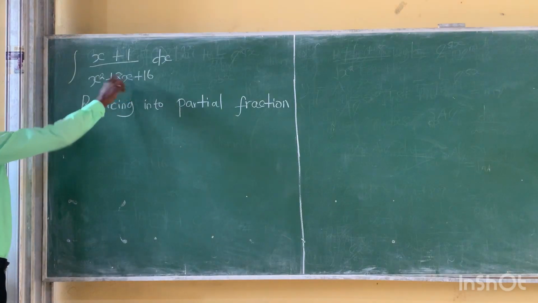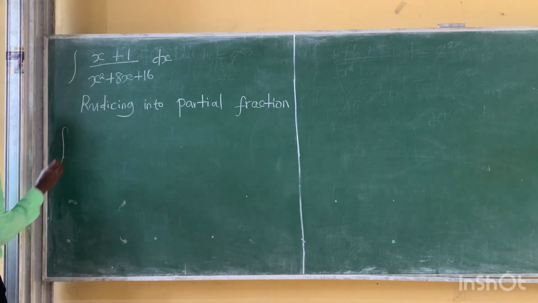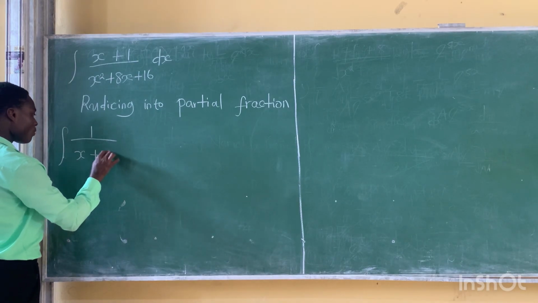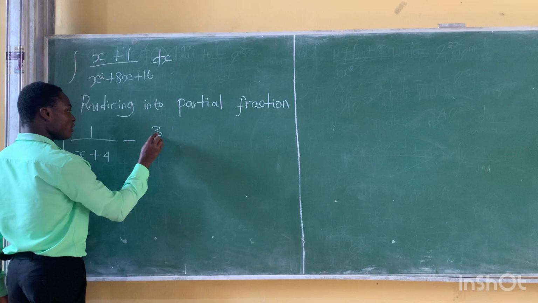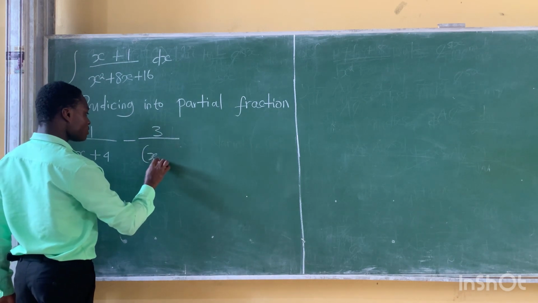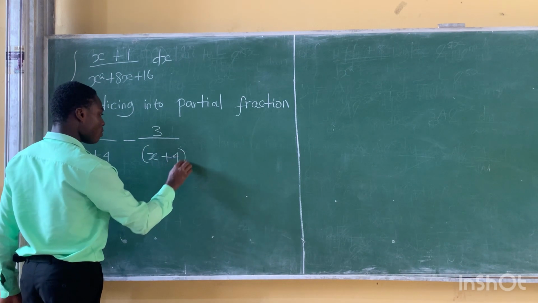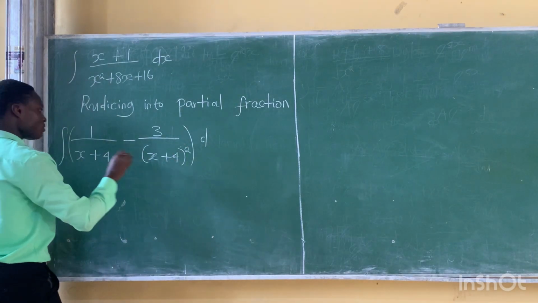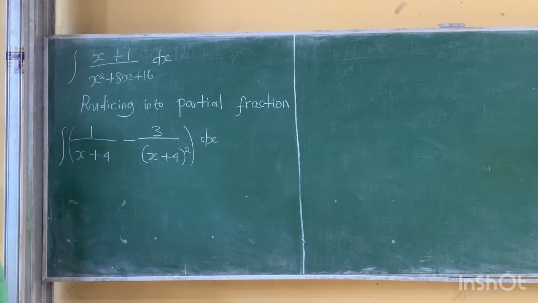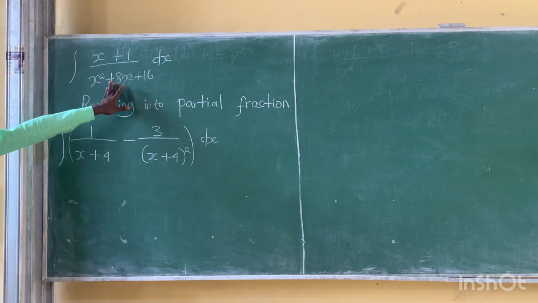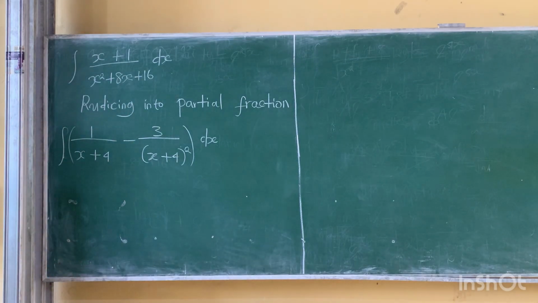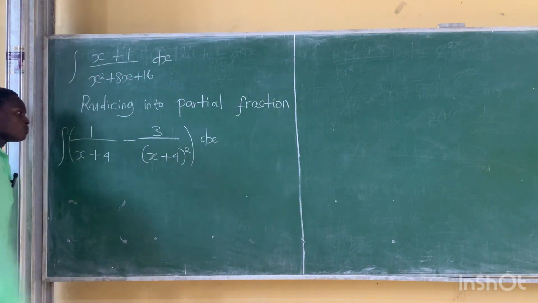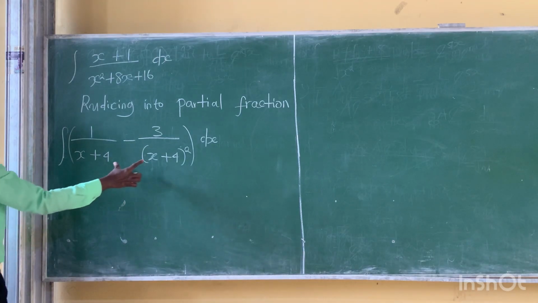If you reduce this into partial fractions, you are going to have the integral of 1 over x plus 4 minus 3 over x plus 4 all squared, the whole of this with respect to x. If you expand this back, you are definitely going to obtain the original back. So if we reduce this into partial fractions, this is what we are going to have.